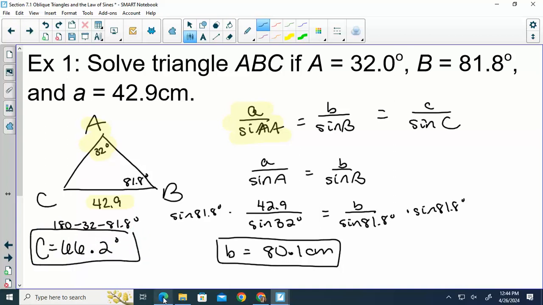Then how am I going to find side C? Use A to find C. So we can do the law of sines.